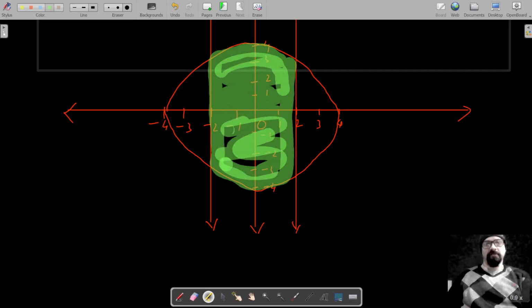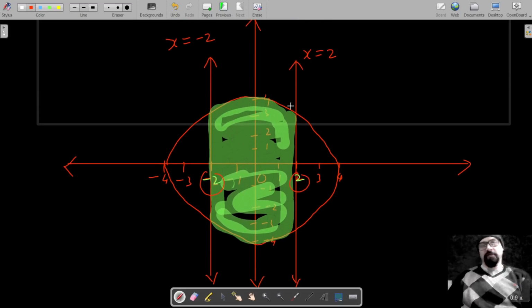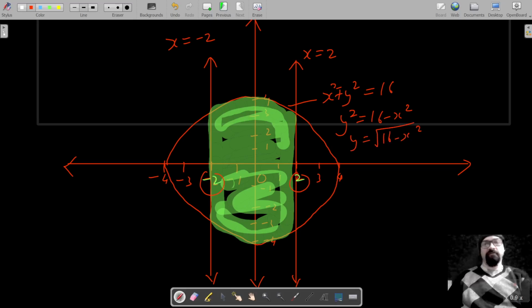This region is enclosed between the limits -2 and 2 and comes under the graph of the circle x square plus y square is equal to 16, which gives y square is equal to 16 minus x square, and y is equal to under root 16 minus x square.